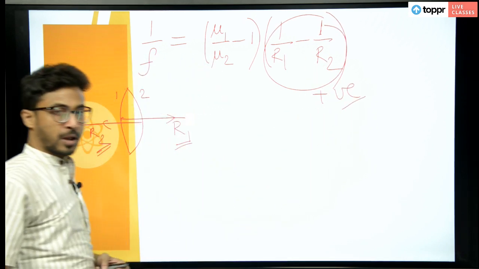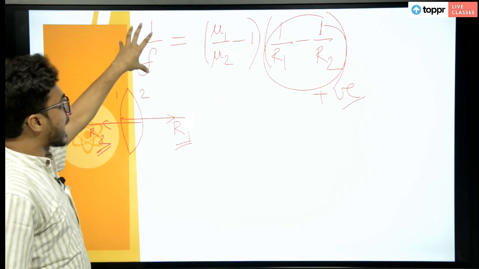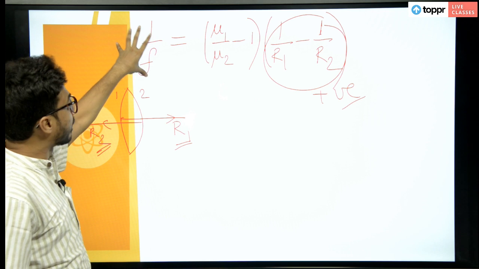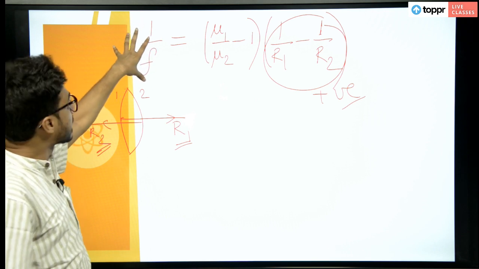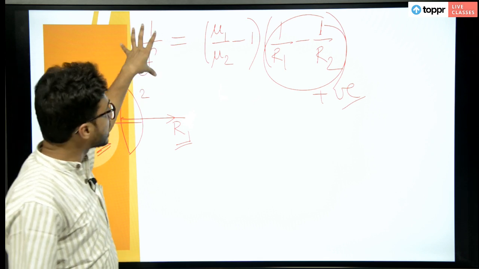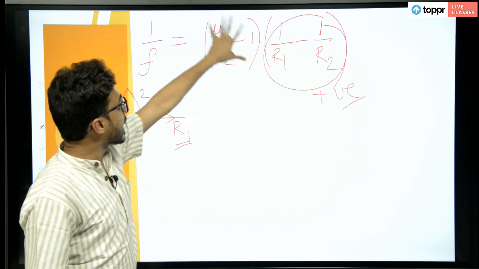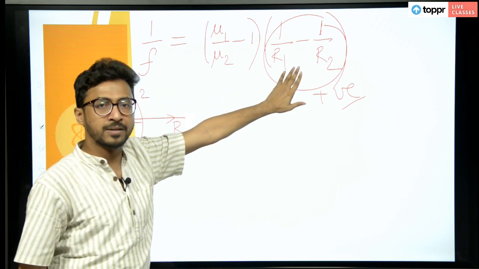The nature of the lens will depend on the sign of f, which depends on the sign of this thing, whether it will be positive or negative.